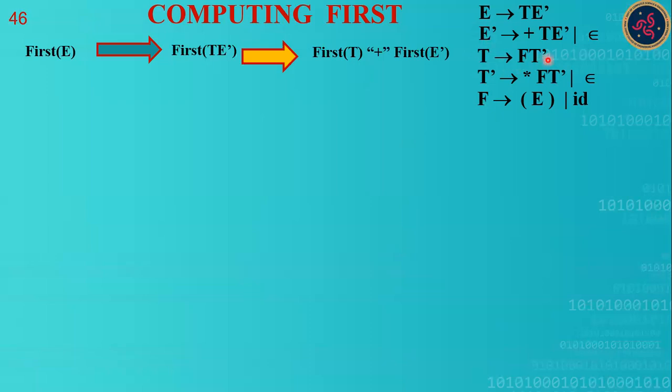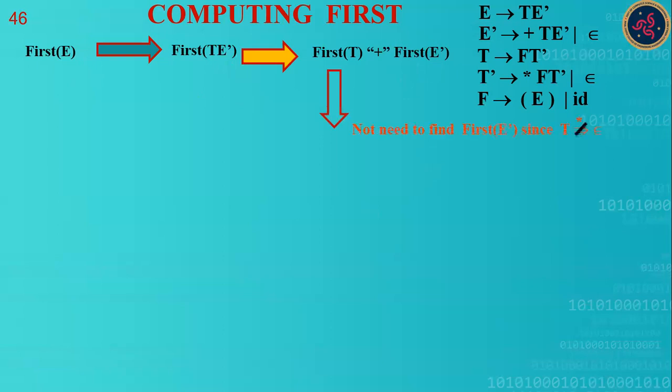So there is no chance of T being epsilon, right? In this case, T never will have the value epsilon. So this E prime will not be part of the first of E. Therefore we can avoid this first of E prime in this equation.